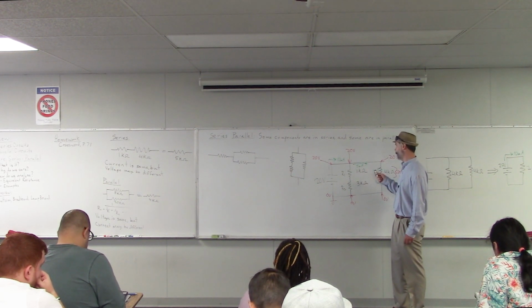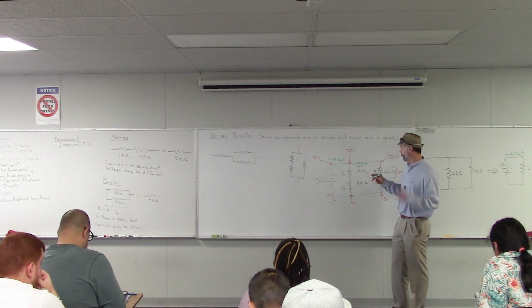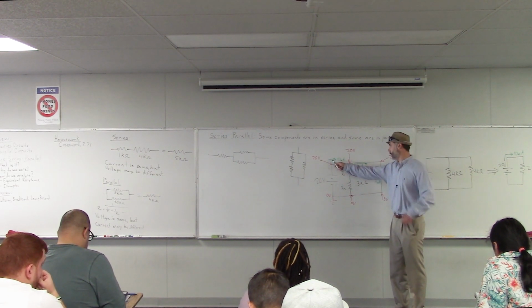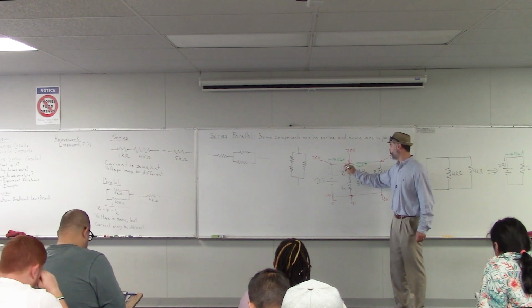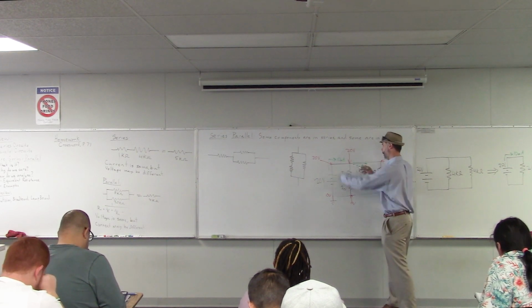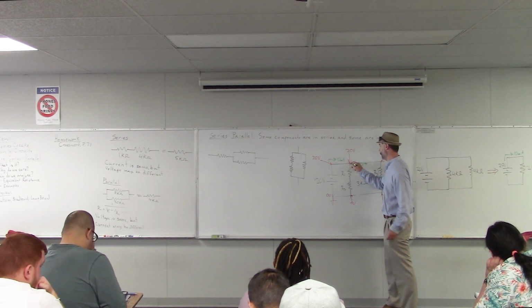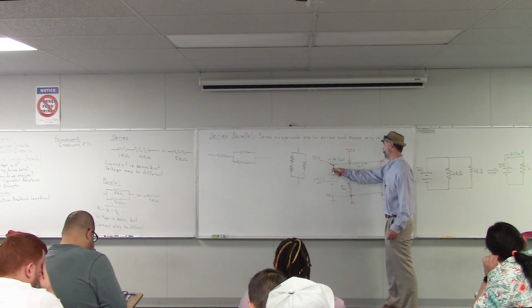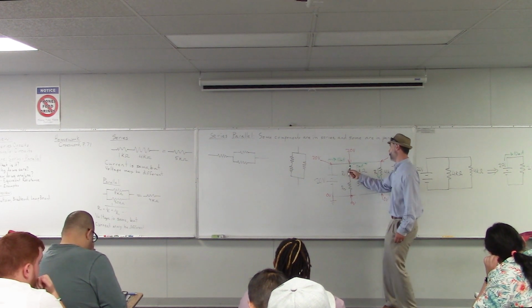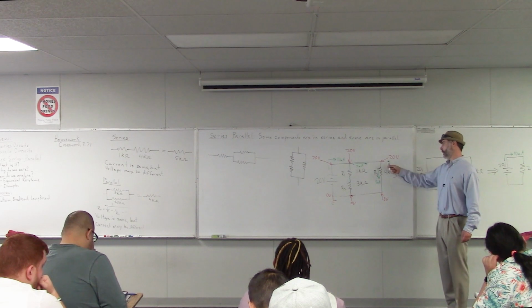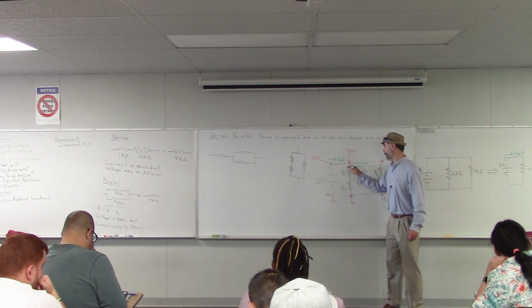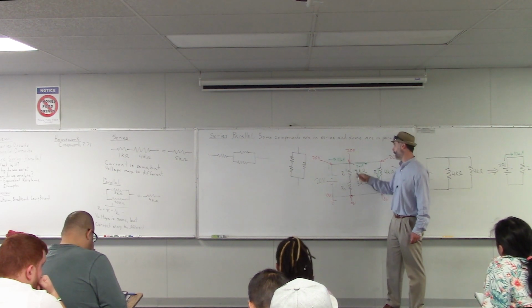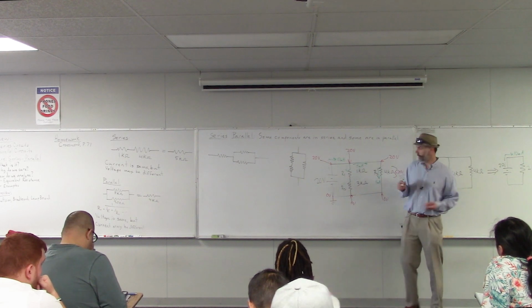So now we can look at our circuit and we can say that we've got 10 milliamps flowing in to this little junction right here. 5 of it is flowing out to the right. So the rest of it has to be going down this way. So how much is going down that way? 5 milliamps, exactly.